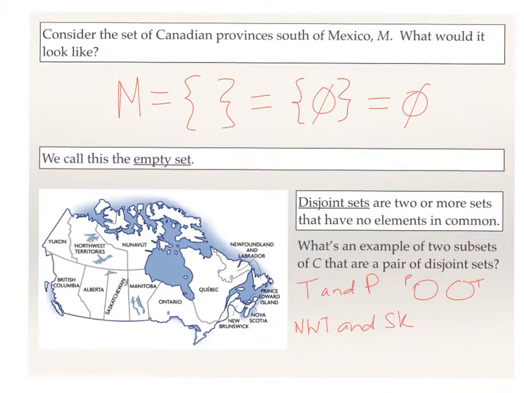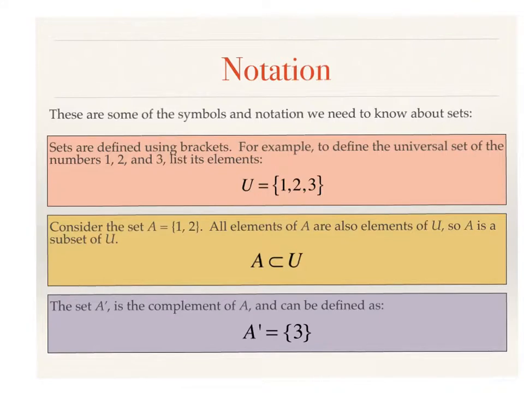Even though it's just one province, that's still a set. Even an empty set is a set. So a set of one is totally fine. It's something like Maritimes and Western, or Maritimes and Prairies, or Maritimes and Territories, or there's lots, right? You can make up however many you want.